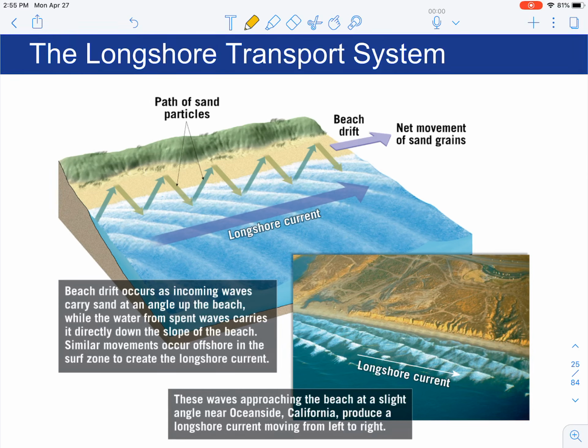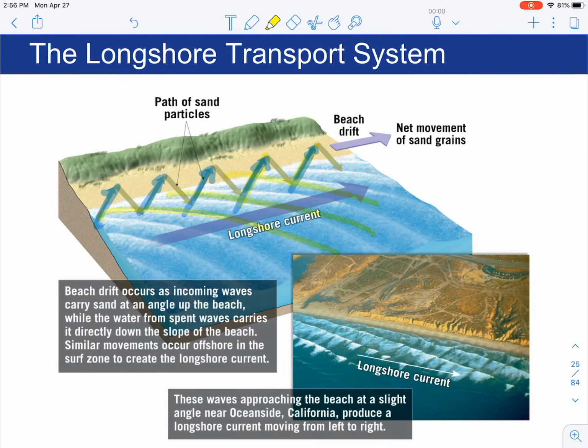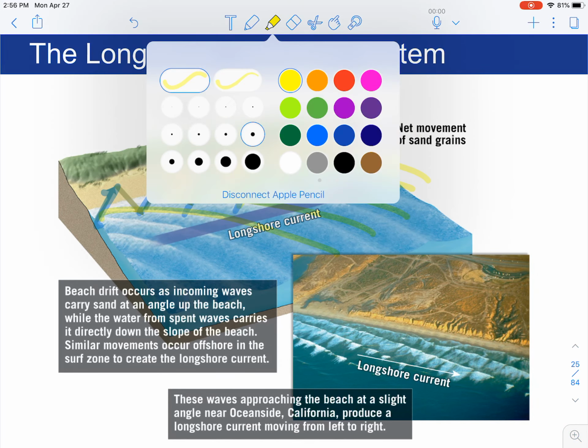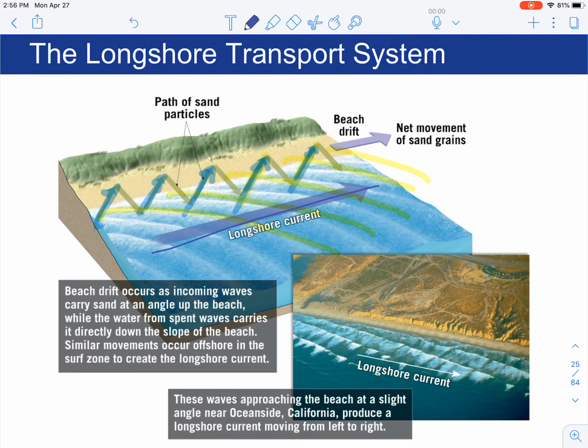So here we have an example of longshore transport. Obviously the waves are hitting at an angle here. I don't know if you can see it, but here are the waves. Let me use blue. So the waves are hitting here, here, here, and then being bent or refracted, creating a current that is slowly moving water and sediment, or rivers of sand, along the shore this way.